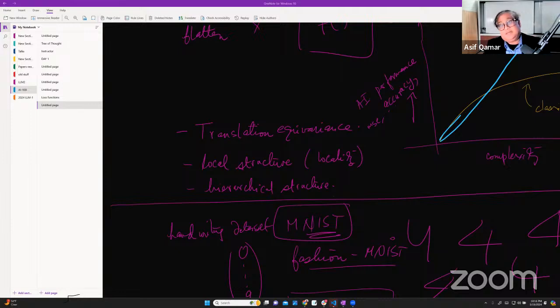So examples are images, sound, time series data, right? Thermal data. There are many, many data sets where these properties hold true. In fact, to some extent, text also can be processed, though in text domain now we have better architectures. Text also shows locality of reference, right? Local structure.